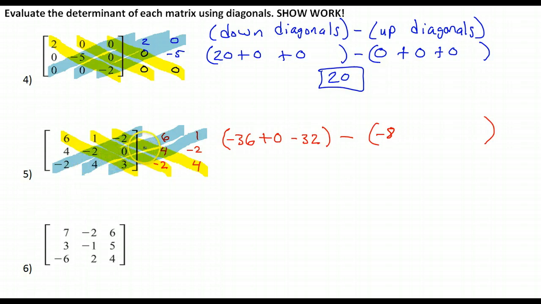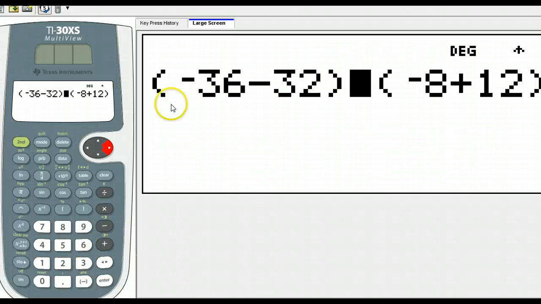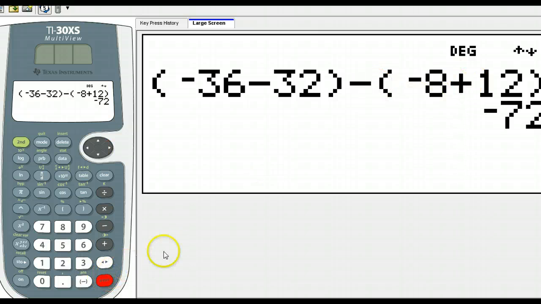The second up diagonal has a 0 in it, so that's just going to be 0. And then the third is 3 times 4 is 12 times 1, so that's just going to be 12. I trust that you could work this out by hand, and if you can't, there's always the calculator. Either way, you should be getting -72.